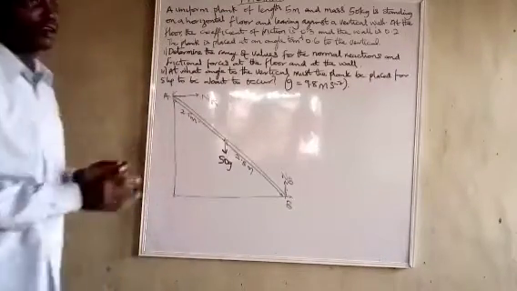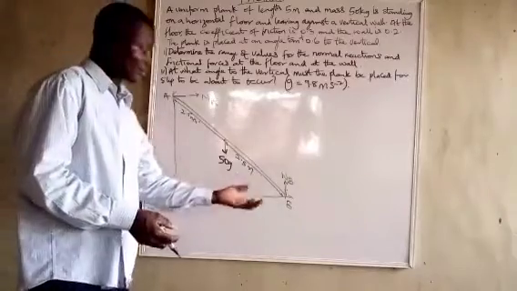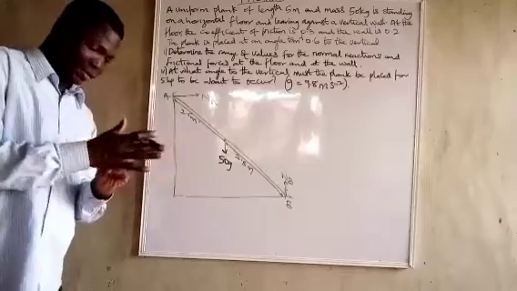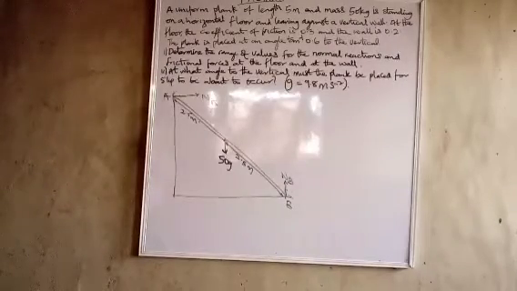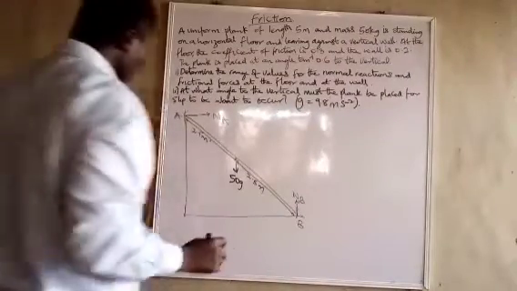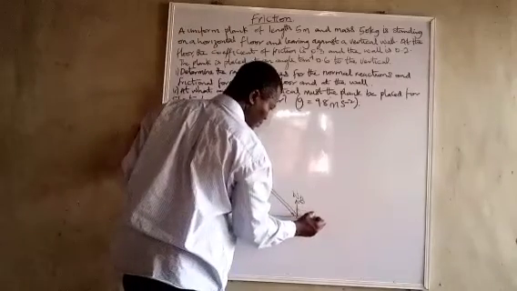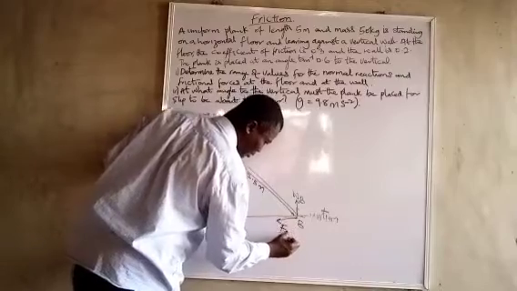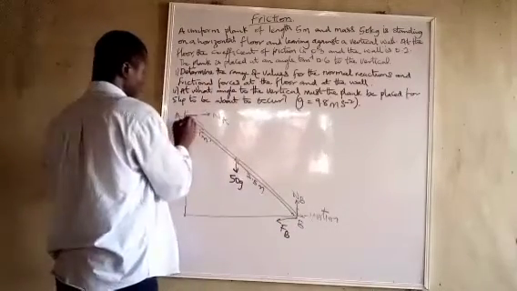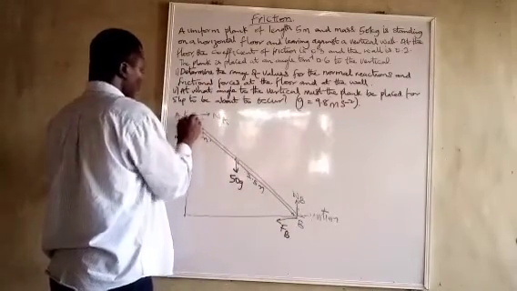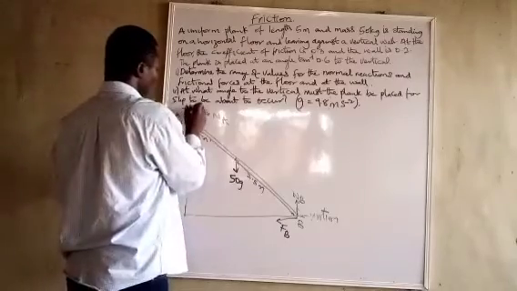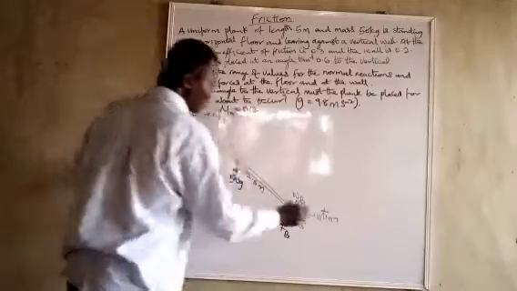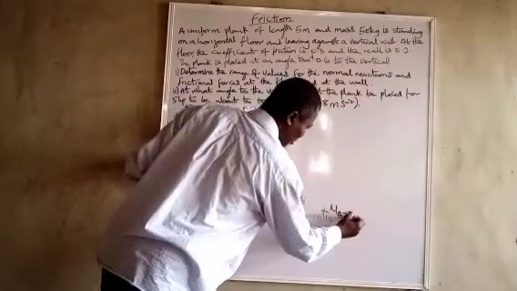Now, depending on where motion is tending to, that is what will determine the direction of the frictional force, and other things that we might need to talk about. If the motion is tending towards this place, frictional force will come here. And if motion tends to this place, frictional force will go up. And here is 0.2, here 0.3.